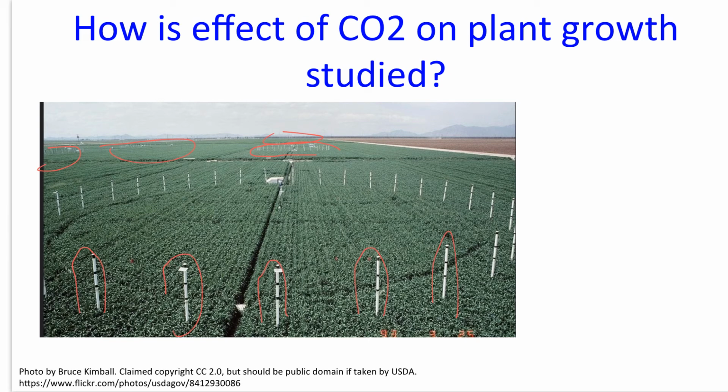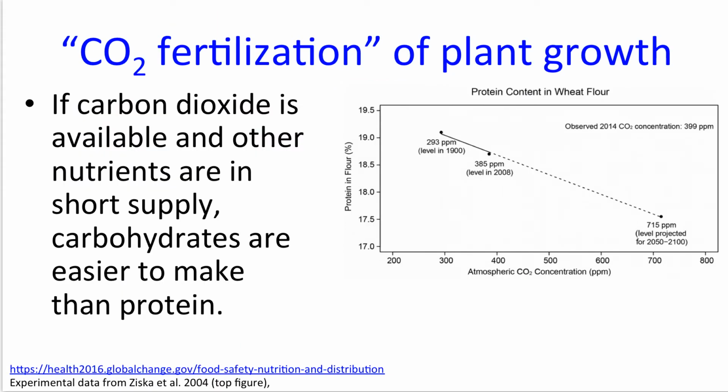Atmospheric carbon dioxide has the potential to have large effects on plant growth because atmospheric carbon dioxide is one of the important ingredients for photosynthesis. So one idea is that if we have more CO2 in the atmosphere, the carbon dioxide will act as fertilizer.